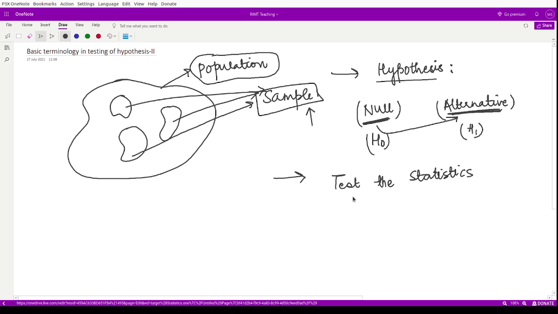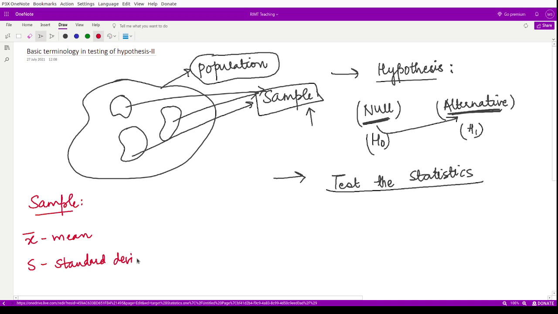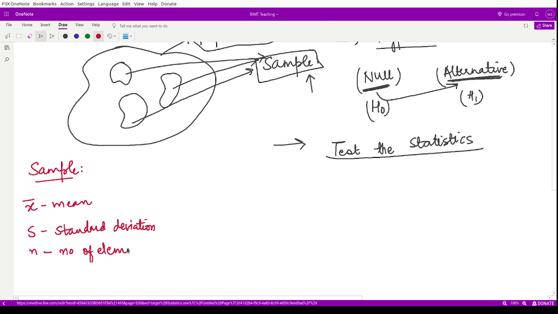Moreover, before studying this, if you remember, for the sample we have the parameters x bar as the mean of the sample, small s as the standard deviation of the sample, and small n as the number of elements in the sample.